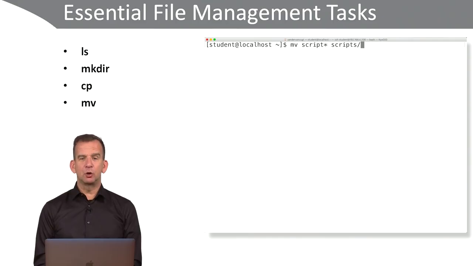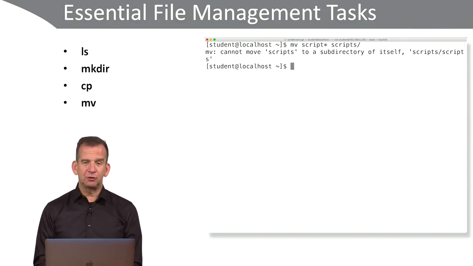I just created all my scripts and I want to move all these scripts to the subdirectory scripts. So I'm using mv script* scripts/. Notice the slash behind the name of the directory scripts. By putting a slash behind it, I'm making sure that this command is only going to work if we have a directory with the name scripts.